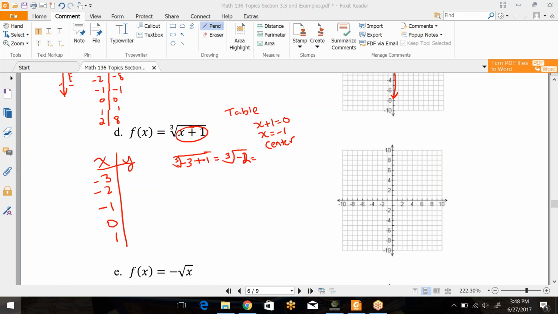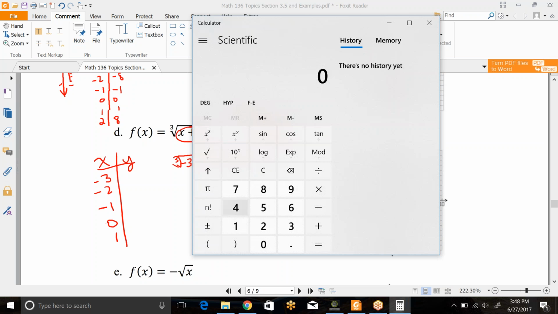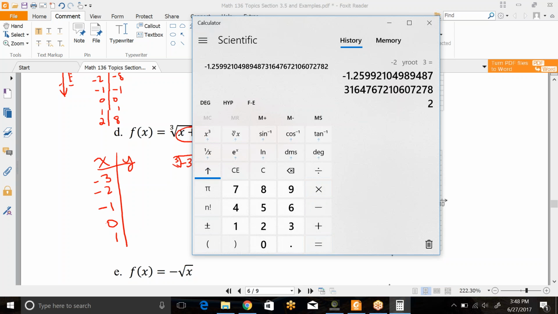So we can take our calculator if we want. We just need to get a rough estimate of what that is. So I'm going to type in 2 negative, because I have to do things backwards on this calculator. And I want a cubed root, which I am not sure where that is. There it is. So it looks like that's -1.3.